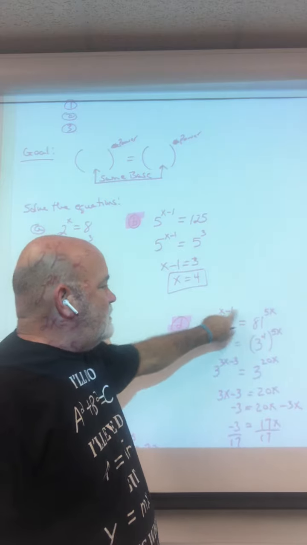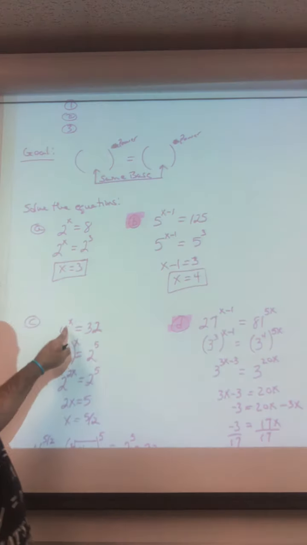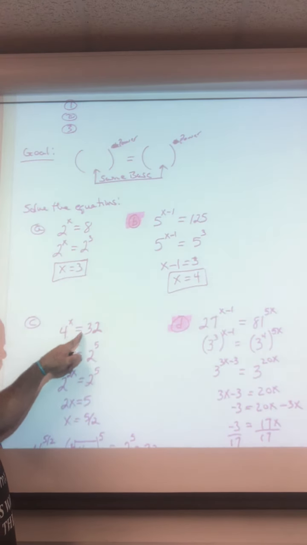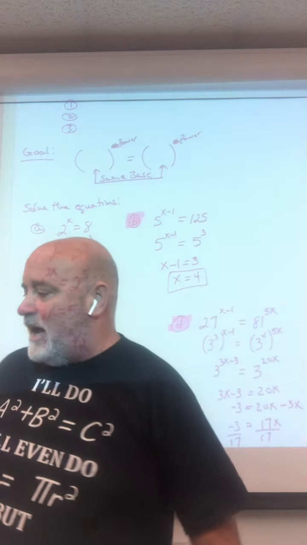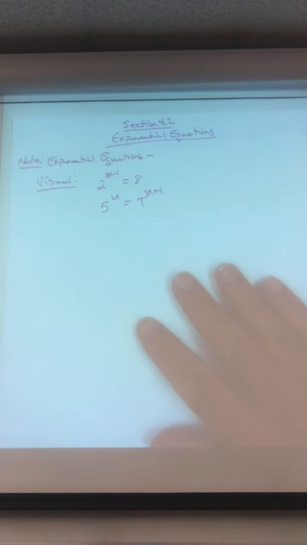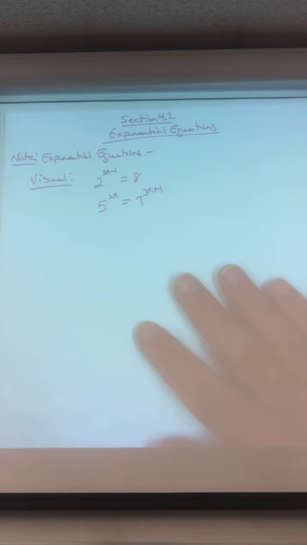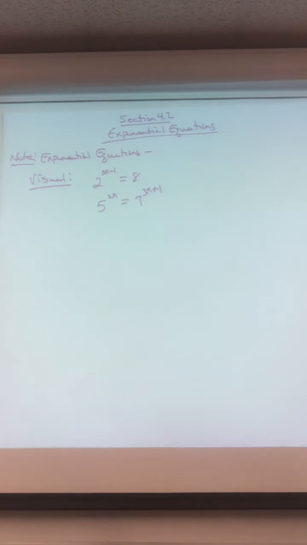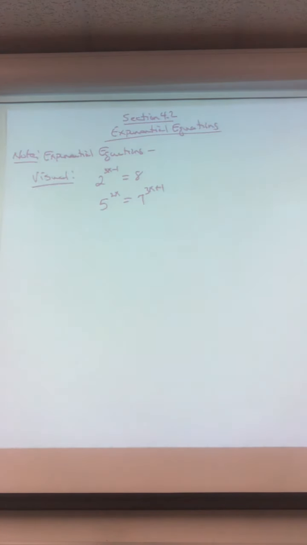This one, exponential equation. This one, exponential equation. So those are examples of what exponential equations look like. Here are two more that you don't have to write down. So our goal in this section will be to solve these.